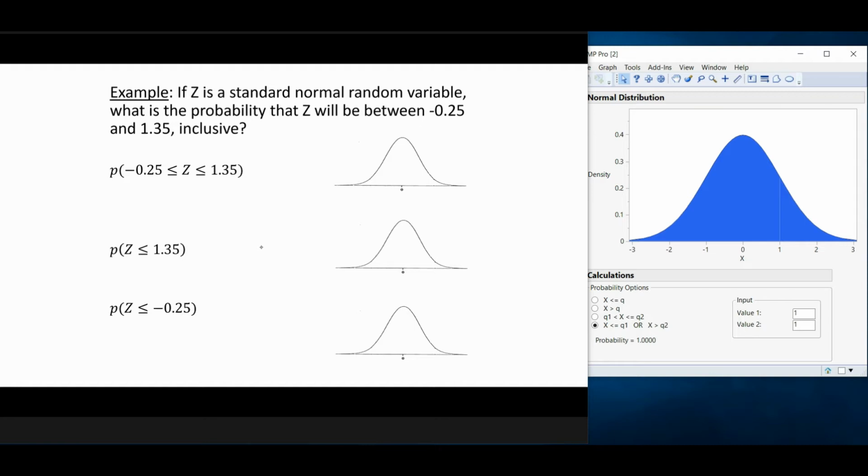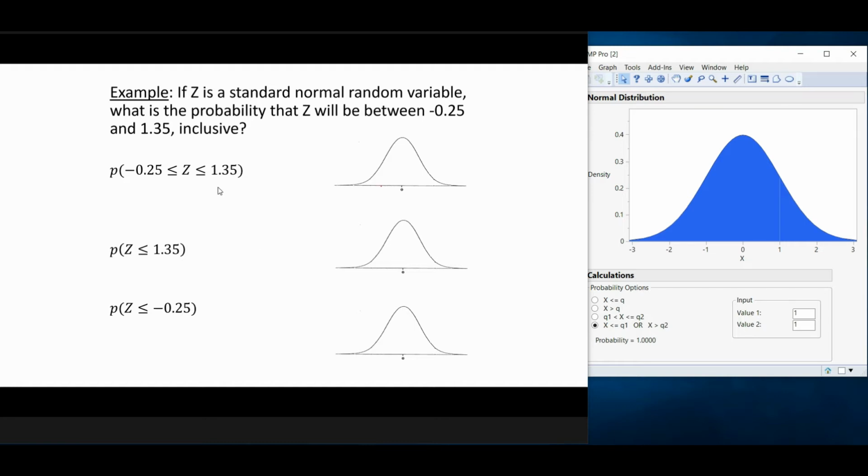Now, for a continuous random variable, like a standard normal random variable, the probability calculation will be the same whether I include that equality or not. So I don't really have to do anything special because I have this less than or equal to and less than or equal to. Right, so it's always helpful to draw yourself a little picture and identify the area of this distribution we're interested in.